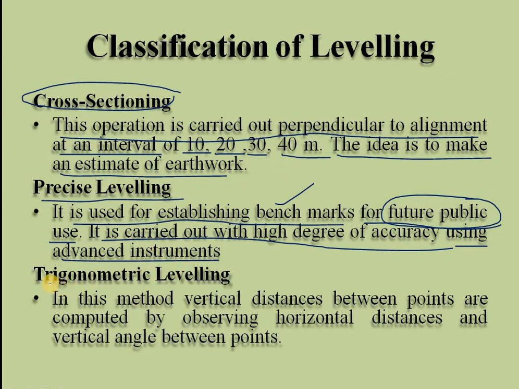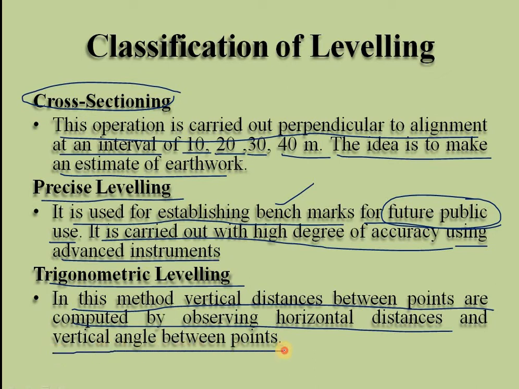Whereas coming to trigonometric leveling, this is very important. In this method, vertical distances between points are computed by observing horizontal distances and vertical angles between points. So trigonometric leveling is nothing but finding the vertical distance between points. We cannot use a dumpy level or auto level for trigonometric leveling.